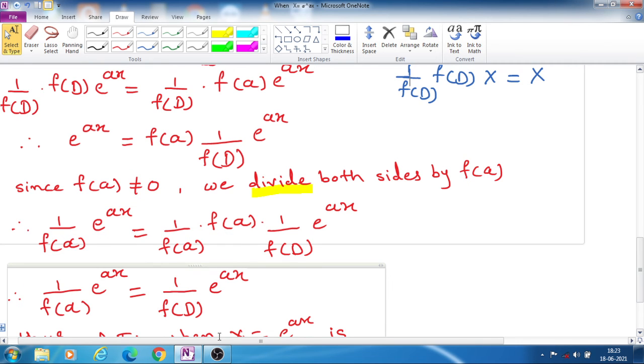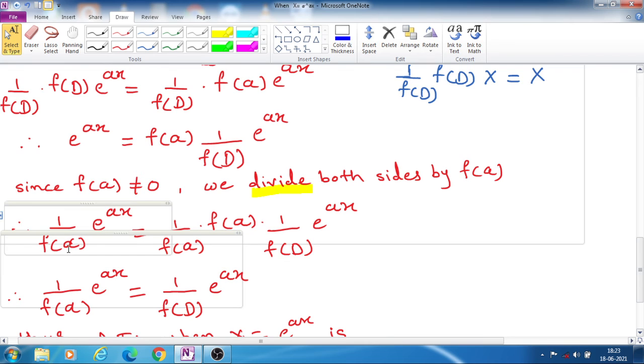So we get e raised to ax, dividing by f(a), we get 1 upon f(a) e raised to ax is equal to 1 upon f(a) into 1 upon f(D) e raised to ax.